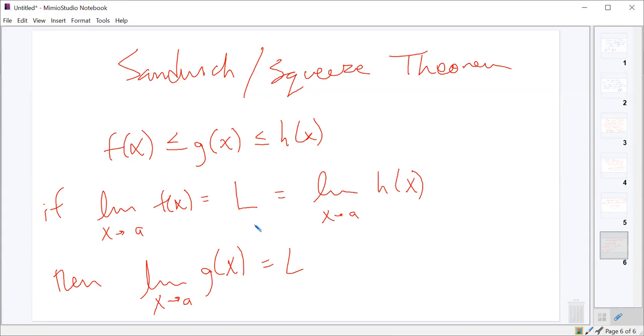So if g is sandwiched between f and h, which have the same limit at a, then g has that same limit at a as well. As long as these are all continuous, at least surrounding a.